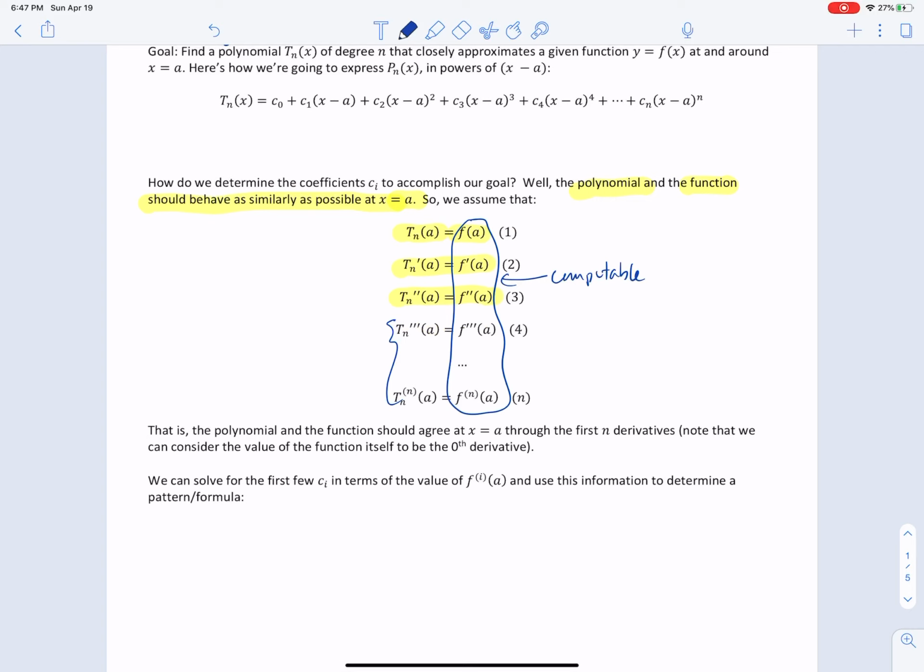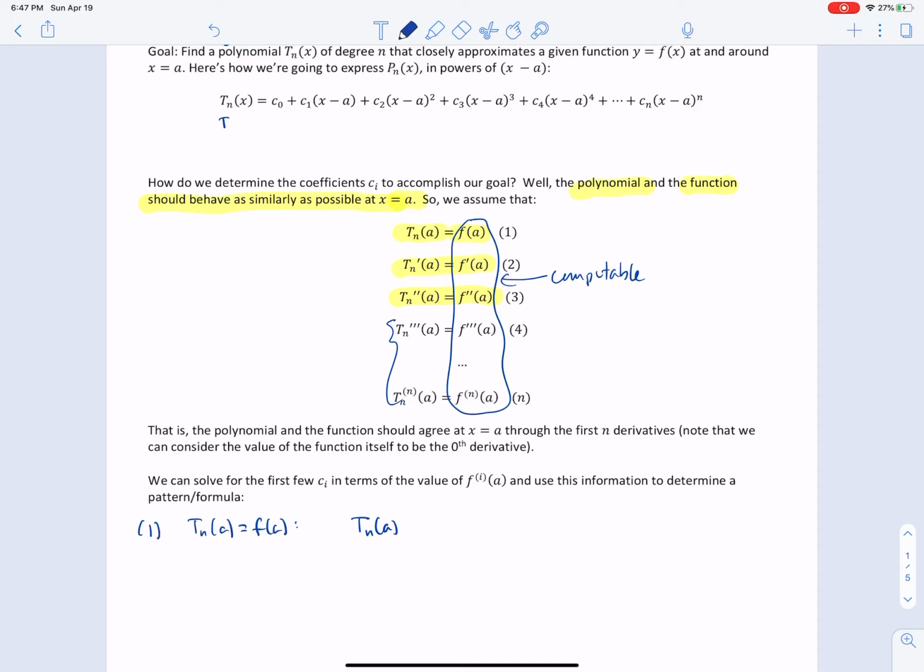I'm going to start with equation 1: T sub n of a equals f of a. On the one hand, what is T sub n of a? This is where writing our polynomial in terms of powers of x minus a really works out well.